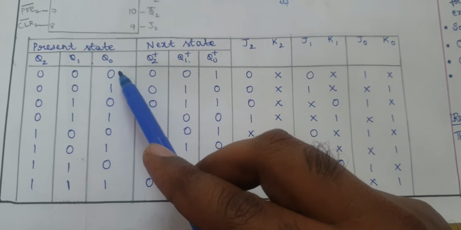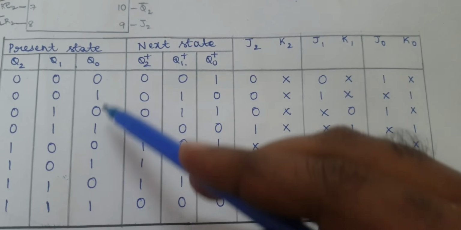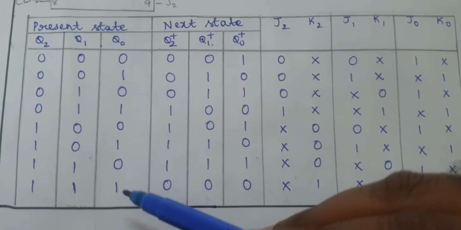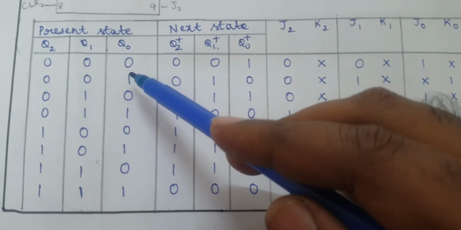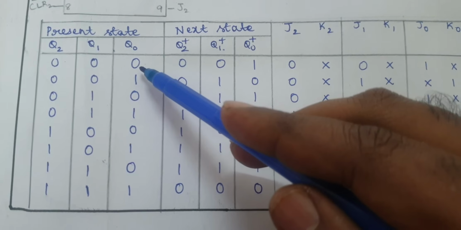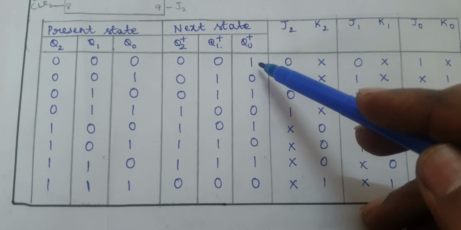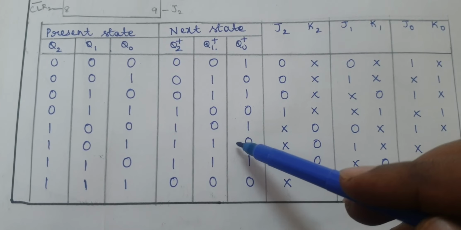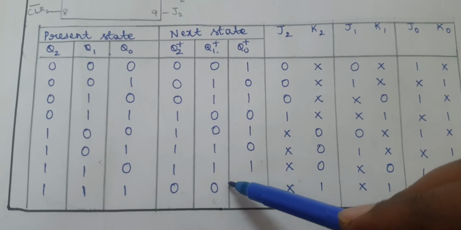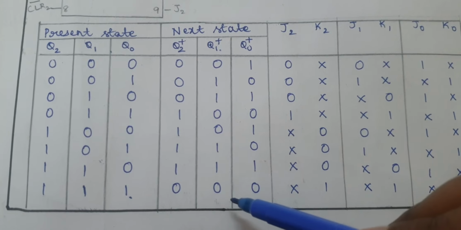Here I have written from 0 to 7, that is 0, 0, 0 till 1, 1, 1. When writing the next state, what is the next state of 0? After 0 it is 1, 2, 3, 4, 5, 6, 7. So what is the next state of 7? It is 0.